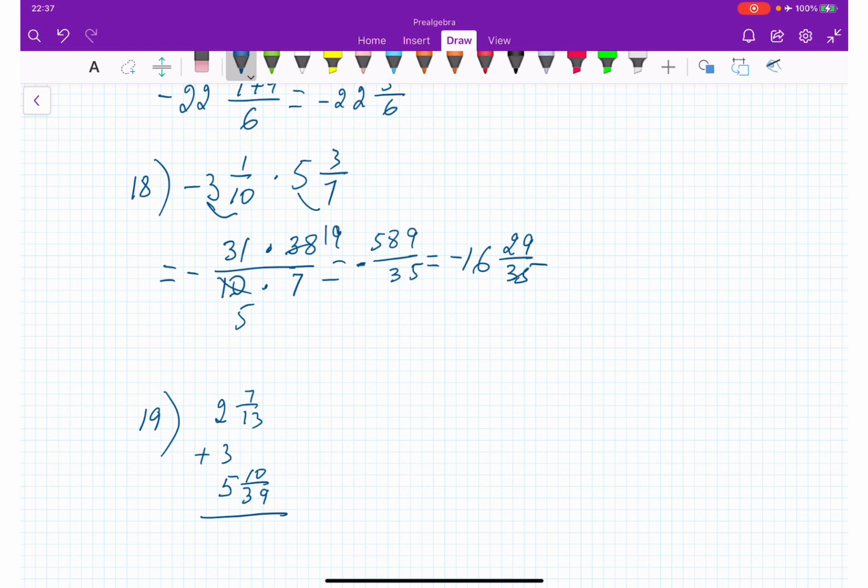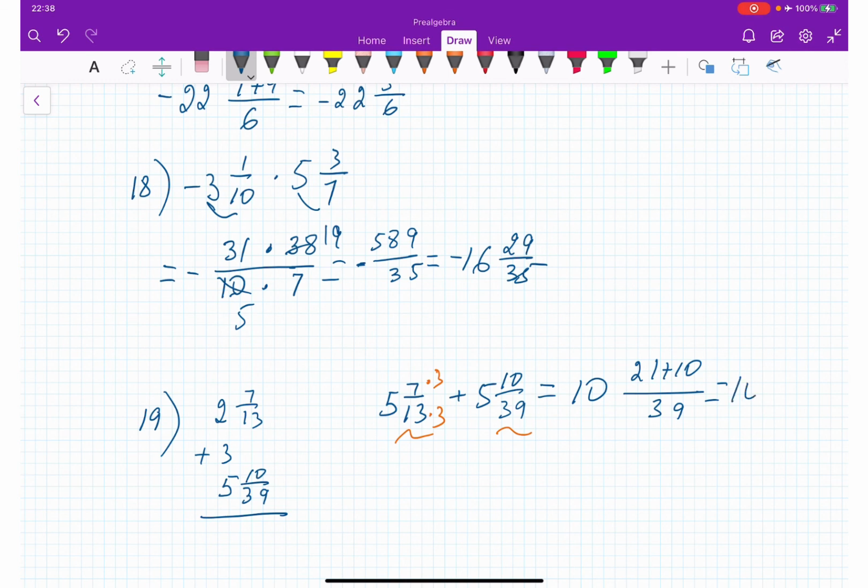Let's add to 2, right? So I will get 5 and 7 over 13, plus 5 and 10 over 39. Okay, well, it's going to be 5 plus 5 is 10. Now denominators 13 and 39. So I have to multiply 13 by 3 to get 39, right? And the result is going to be 39 here. Then we have 21 plus 10, right? And we are going to get 10 and 31 over 39.